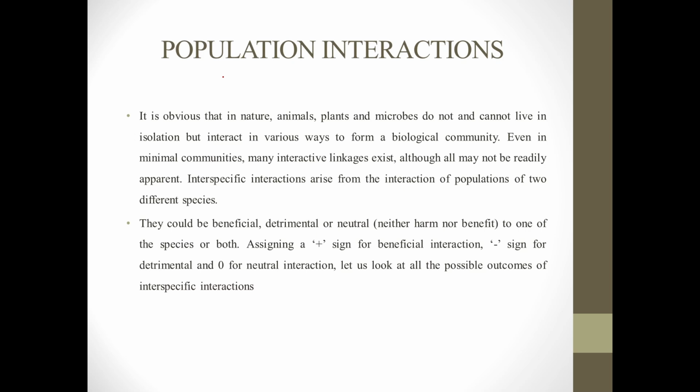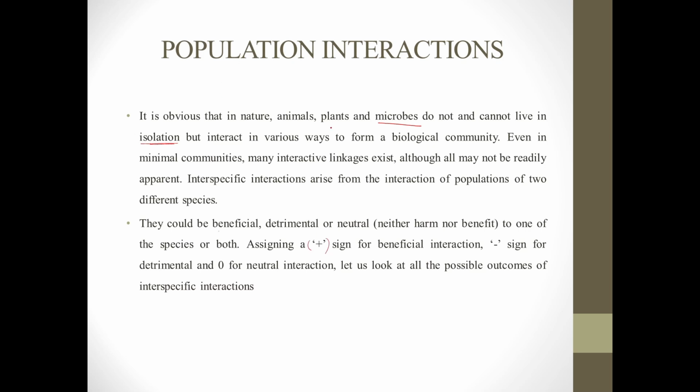So it is obvious that in nature animals, plants and even microbes do not and cannot live in isolation, right? So there is interaction. Even in minimal communities many interactive linkages exist.